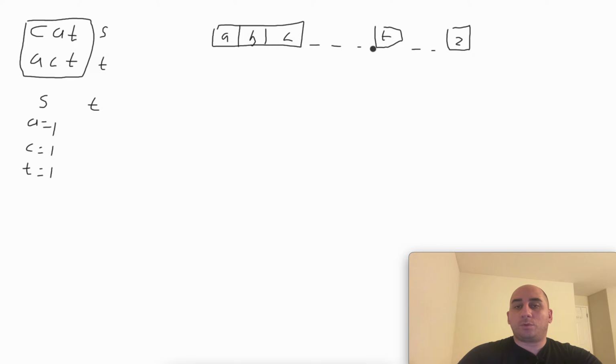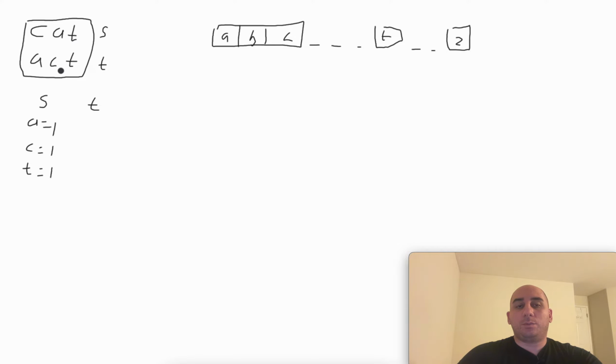Okay, so what we need to do is go over the strings twice. We should have two for loops. First, we are going to go over S, and we are going to increment how many times, for example, A is repeated, how many C's there are, and how many T's there are.